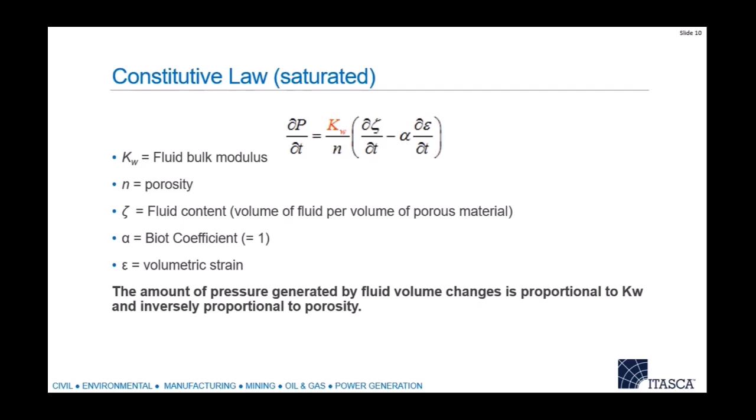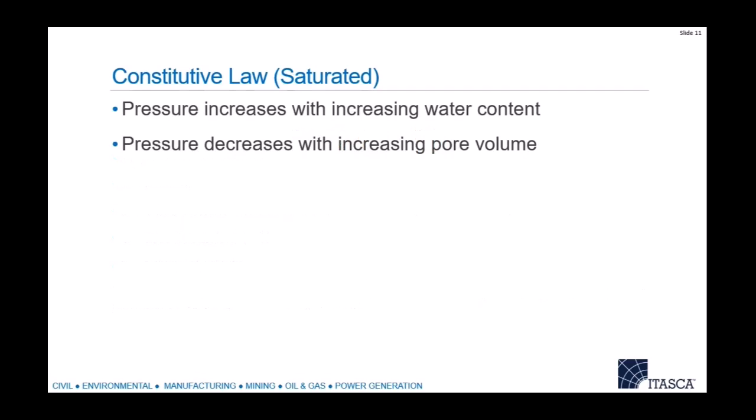So if things compress, you'll also generate pressure in the zone, assuming it's fully saturated. So all that's saying is as you add more fluid, the pressure increases according to the fluid modulus, and as you squeeze the zone, the pressure increases according to the fluid modulus. Fundamentally, it's pretty simple.